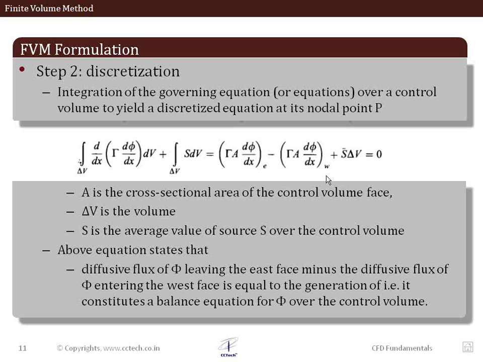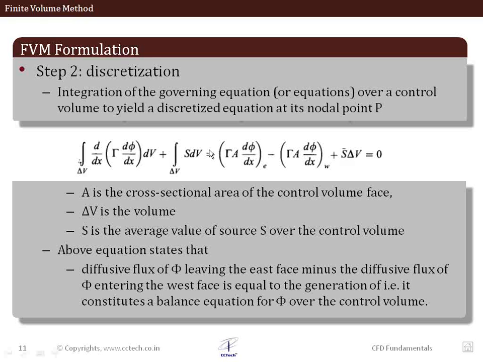Let's now try to get these values at the faces E and W. Basically we don't know the values at the faces E and W except for the area of the face and gamma, which is the diffusion coefficient, and we might know the value of the source at discrete locations according to the function S which has been provided.